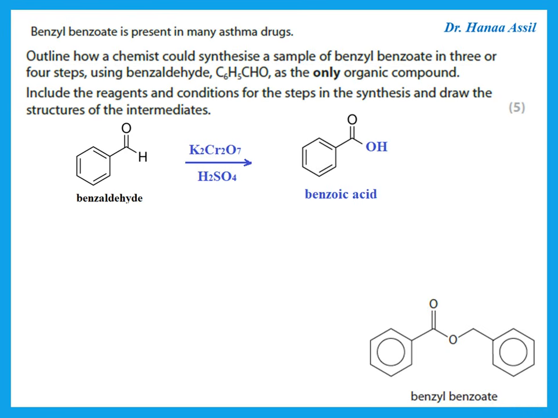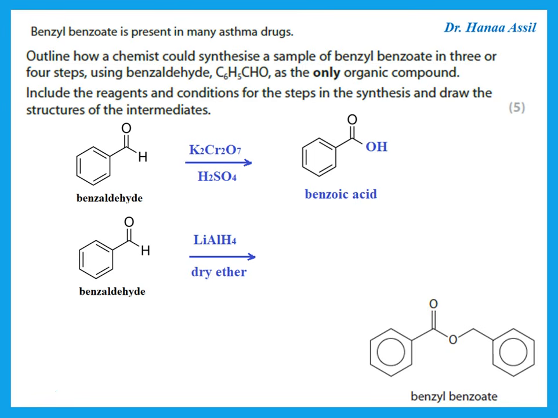Well, I can oxidize the aldehyde to acid. Sulfuric acid and potassium dichromate will oxidize the aldehyde to acid. Then what? Remember that he's saying benzaldehyde is the only organic compound that I'm starting with.